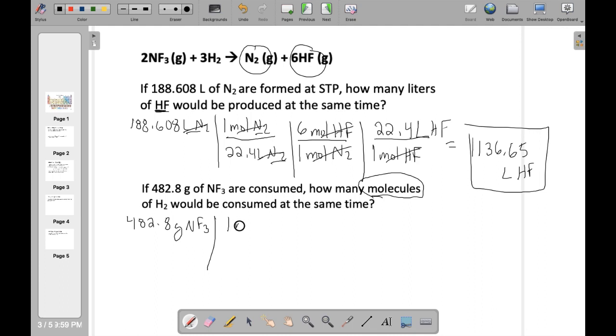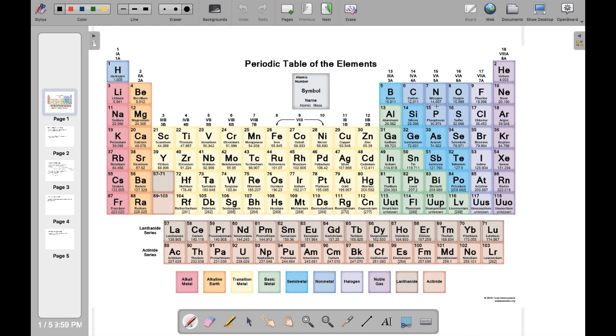I know 1 mole of nitrogen trifluoride equals about 71 grams. Now, where did I get that? From the periodic table. Remember, nitrogen is about 14.007 to be exact.